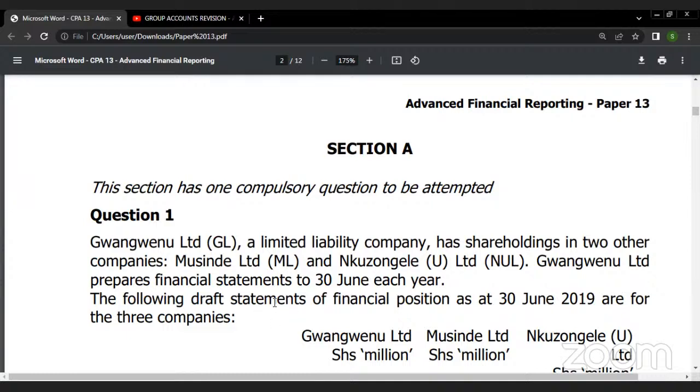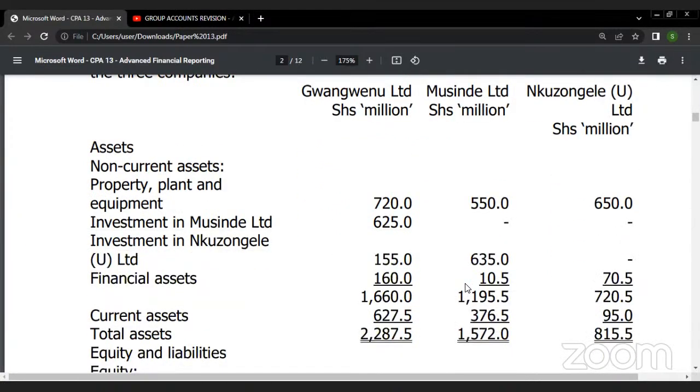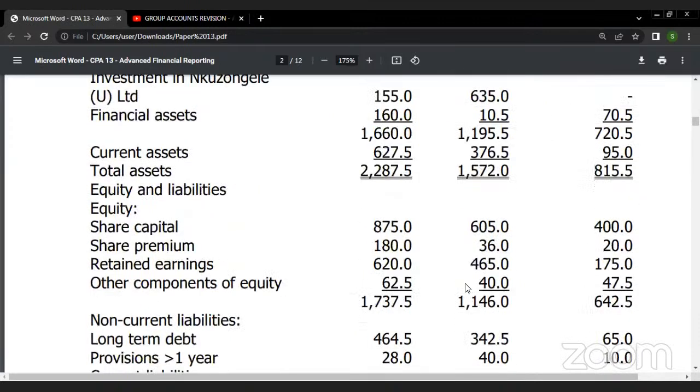The following draft statements of financial position as at 30th June 2019 for the 3 companies are given below. So you have GL, ML, as well as NUL. You have the assets of each of these 3 companies, then the non-current liabilities, current liabilities, as well as the equity of each company.